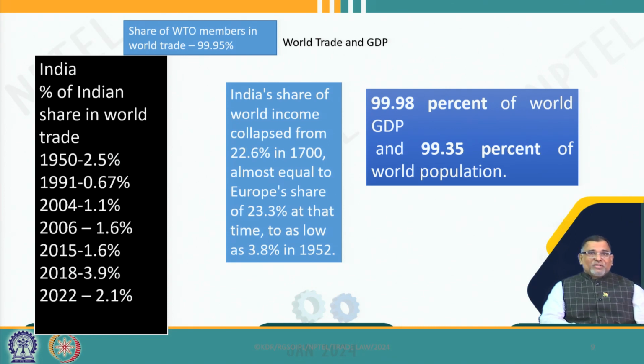So, a country that owned a quarter of the world income, or share of world trade, which was equal to that of 27, 28 countries of Europe. Presently the share of Europe is 23.3%.